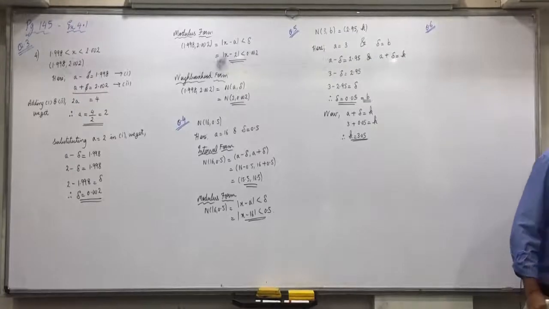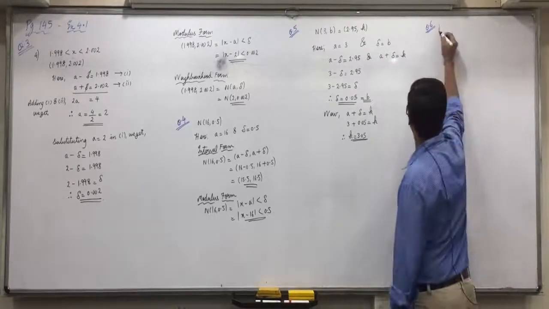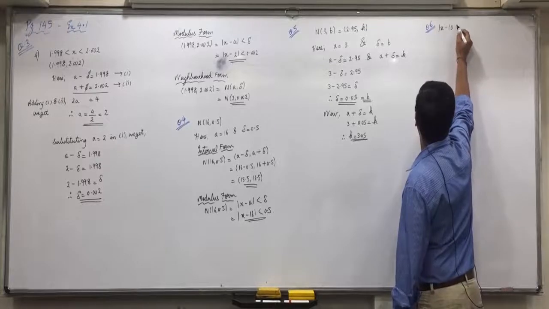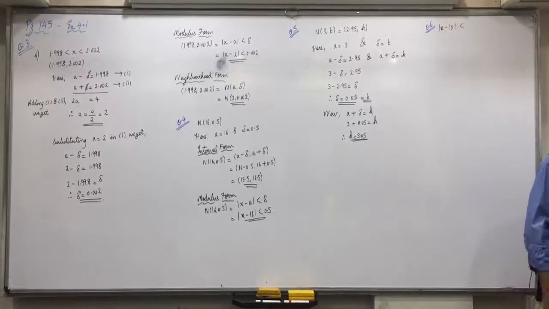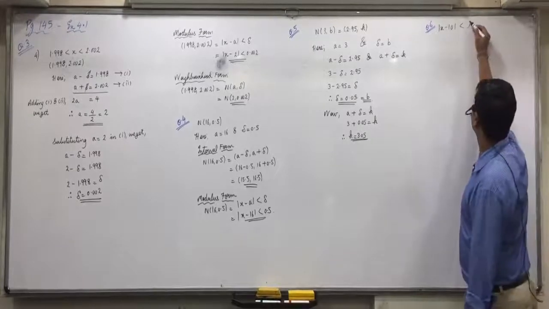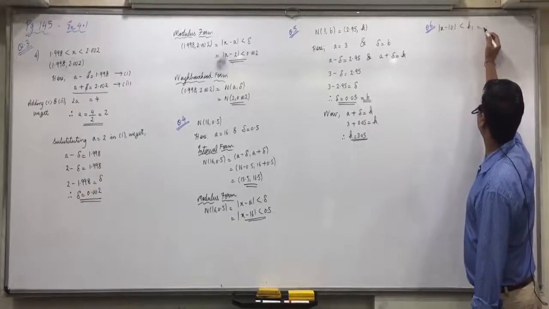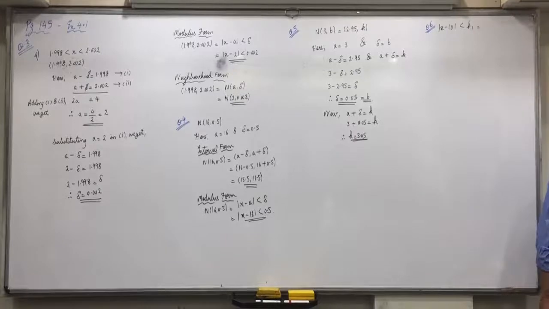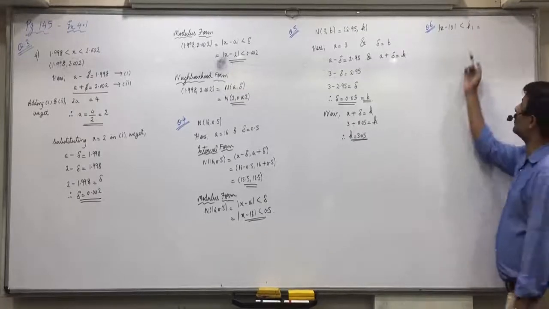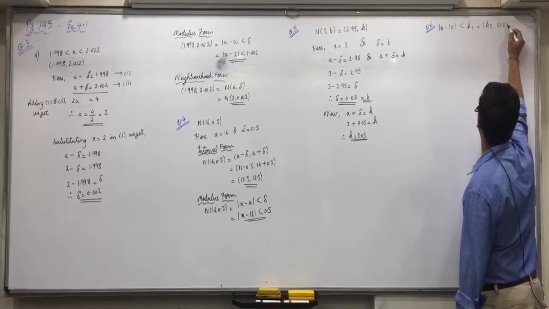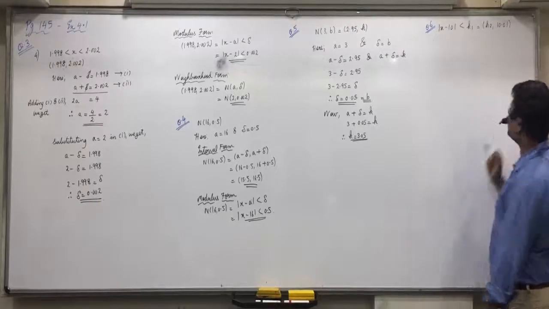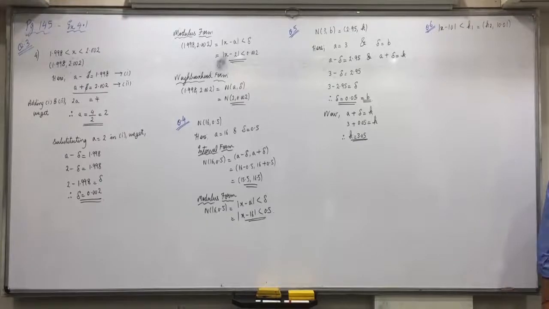If modulus x minus 10 less than k1 is equal to k2 and 10.01. Now we have to find the missing values of k1 and k2.